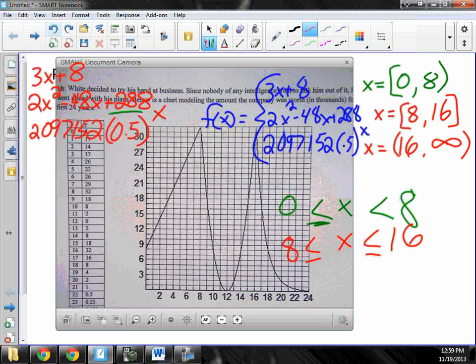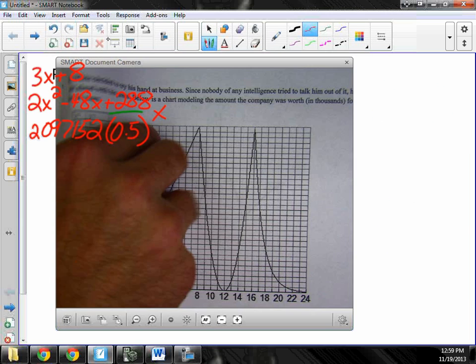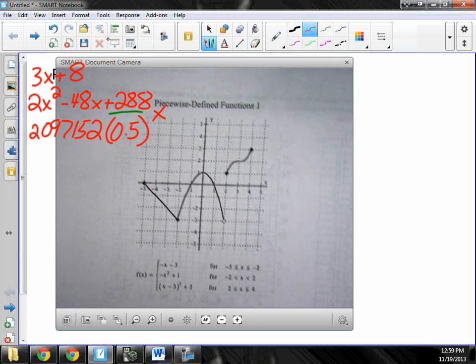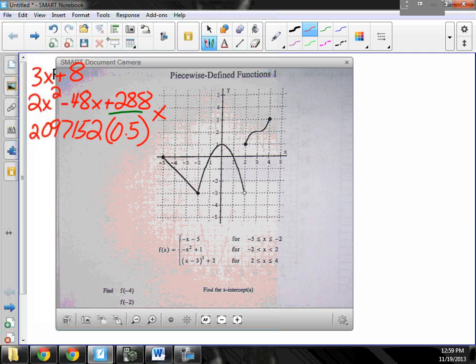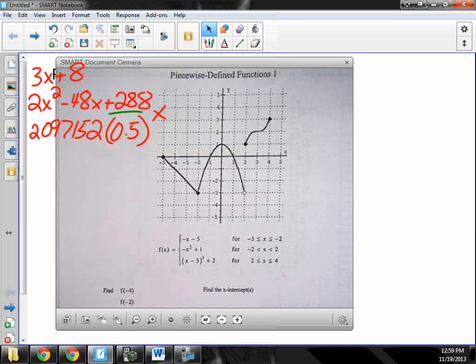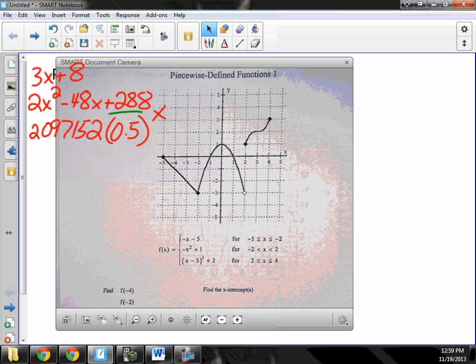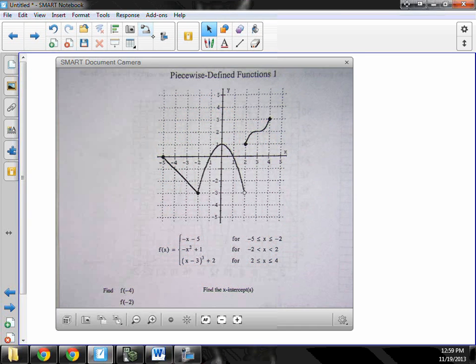Okay, so we turn this over. Here is a piecewise function. Let's just do this. It's faster. So here we have a linear function, a quadratic function, and an x to the third function. Okay?